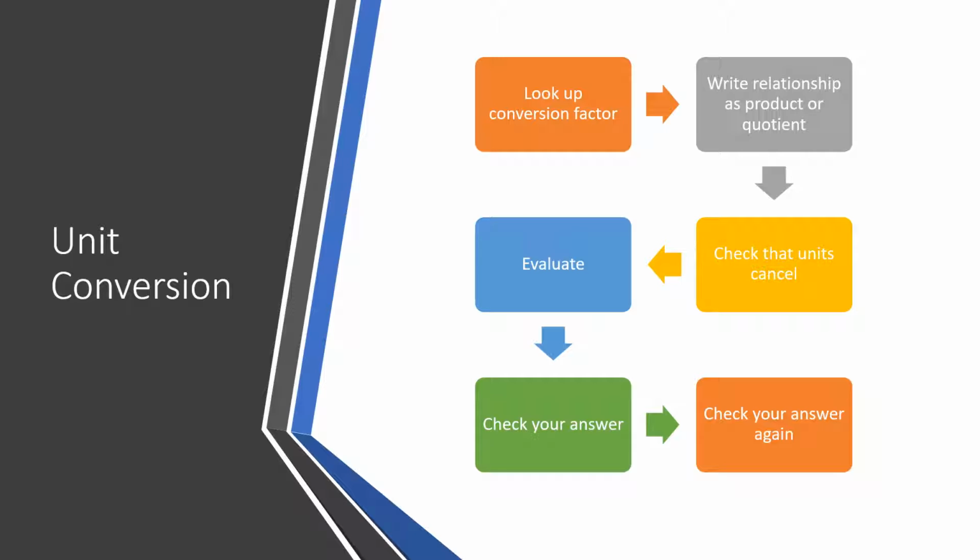All right, so you look up the conversion factor, you write the relationship as a product or quotient, and check. You remember from our SI units discussion, when you do the conversions, check that the units cancel correctly, so you end up with the correct end units. Evaluate the term, check your answer, and then check your answer again and make sure it makes sense to you physically, intuitively, because you should have some sense.